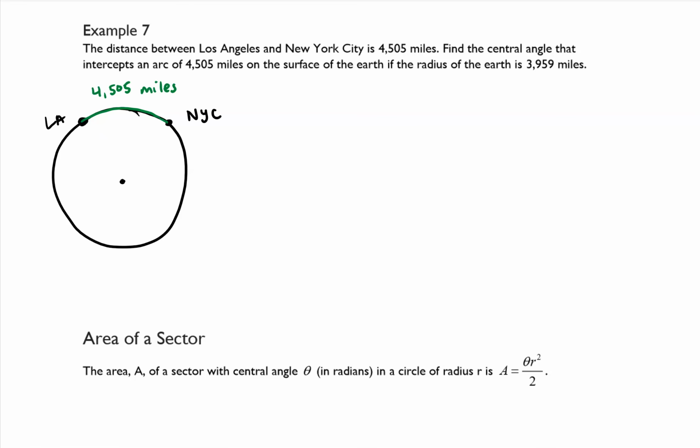And we also know that the radius of the Earth, so if I drew my angle here, is the distance from here to the center, and that is 3,959 miles.